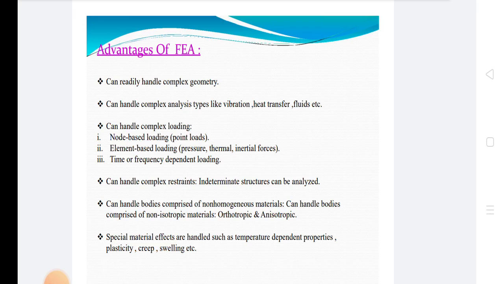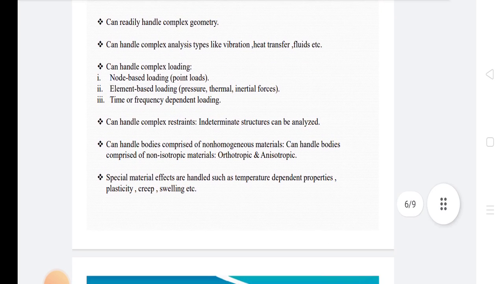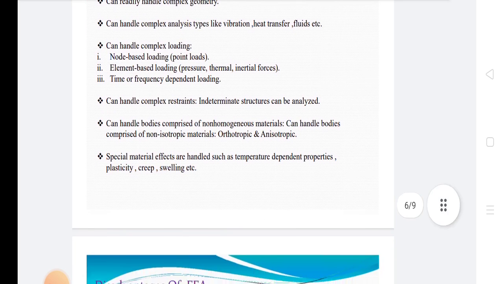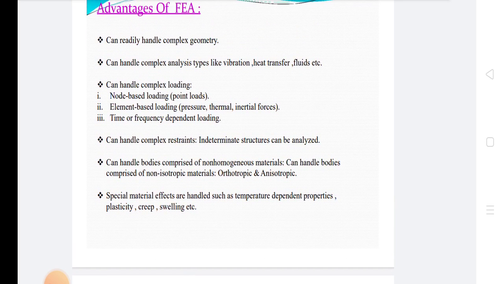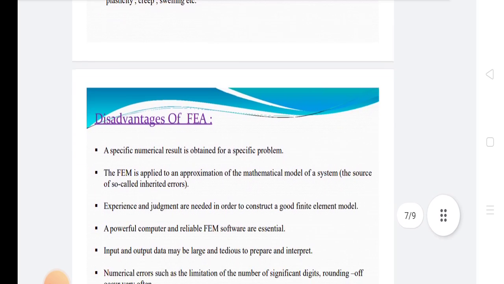It can handle complex restraints. Intermediate structure can be analyzed. It can handle bodies comprised of non-homogeneous materials, and bodies comprised of non-isotropic materials, orthotropic and anisotropic. Special material effects are handled such as temperature dependent properties, plasticity, creep and swelling.